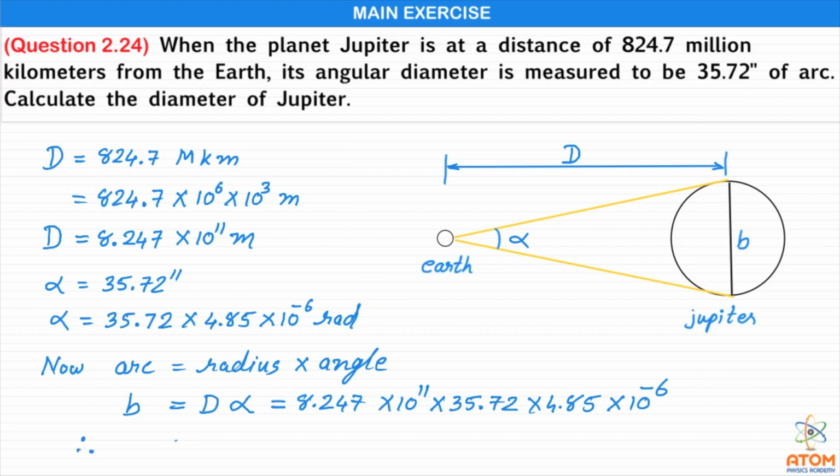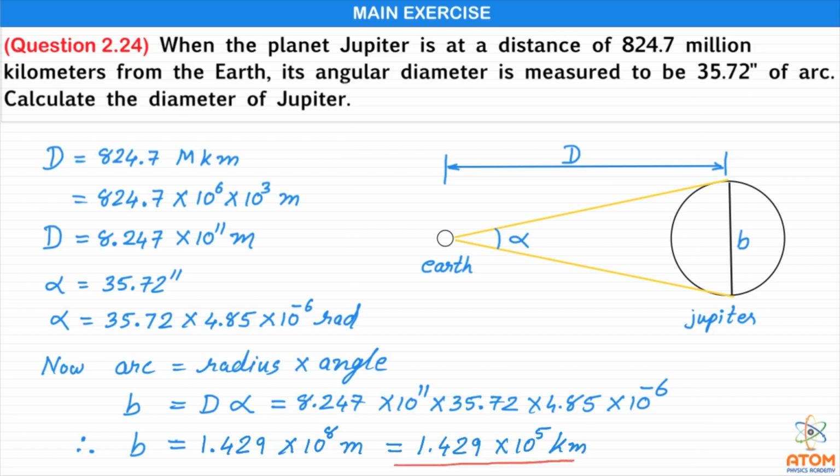Solving all of this, we will get the diameter of Jupiter equal to 1.429 into 10 raised to 8 meter, or we can say 1.429 into 10 raised to 5 kilometer. So it is almost 1.5 lakh kilometer. This is the diameter of Jupiter.